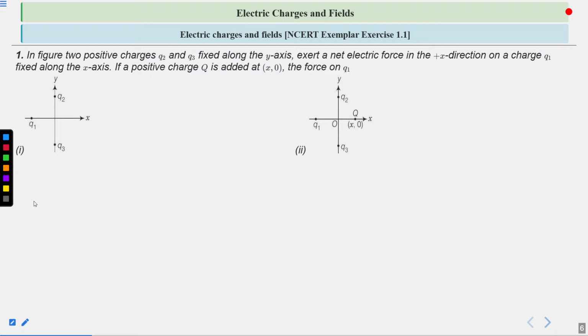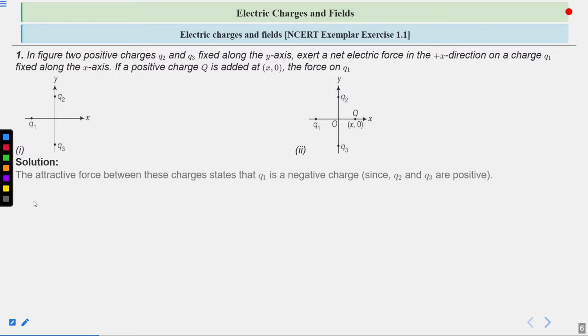Next, the attractive force between these charges states that Q1 is a negative charge, since Q2 and Q3 are positive, because both are attracted to each other. Similarly, Q1 and Q3.